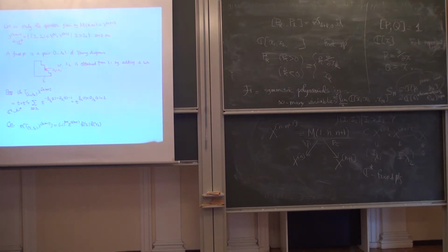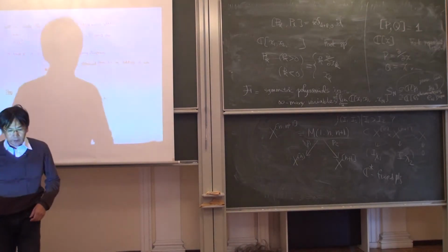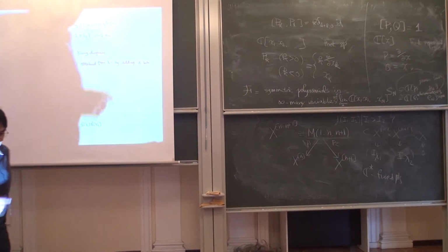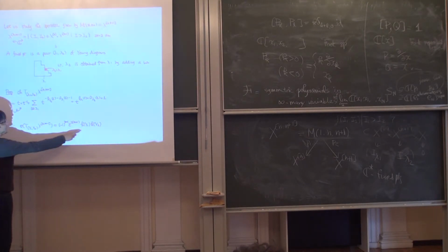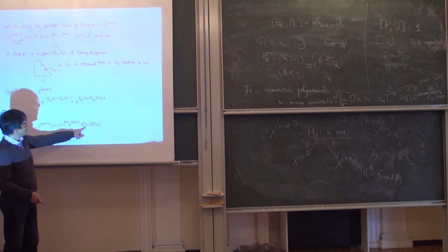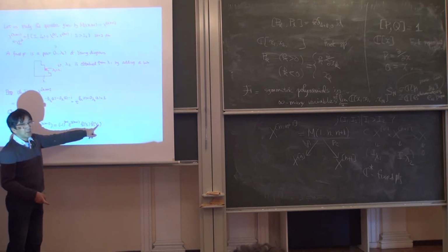And you compute the equivariant Euler class of the tangent space. That is the product of all weights. Then you find the final answer is given in, maybe this is a typo, this is h of lambda 1 and h of lambda 2.